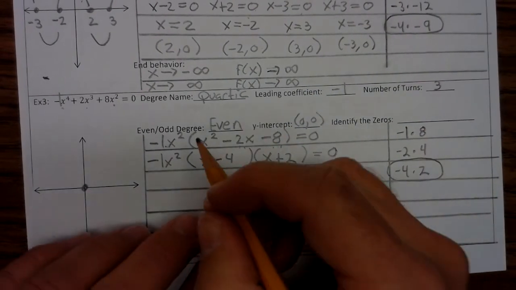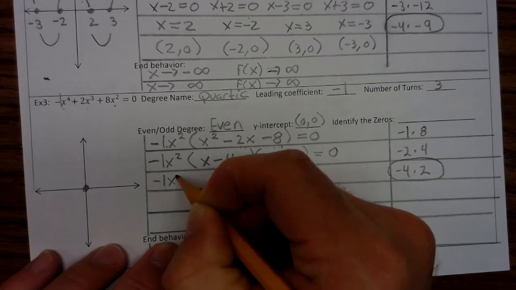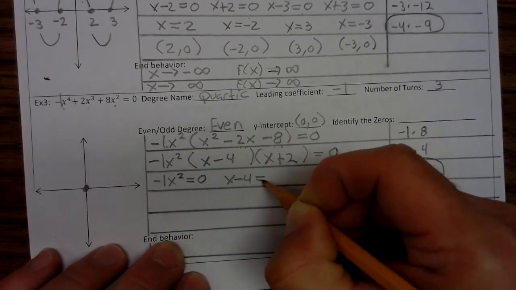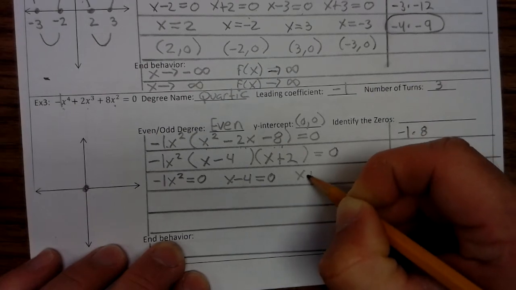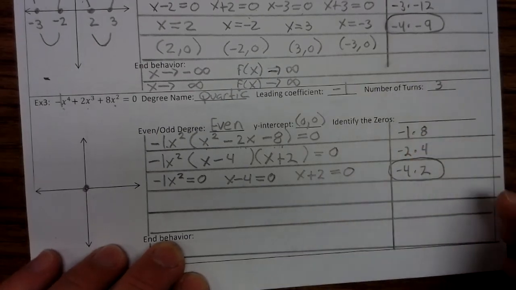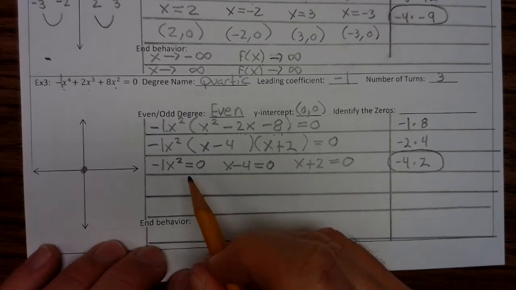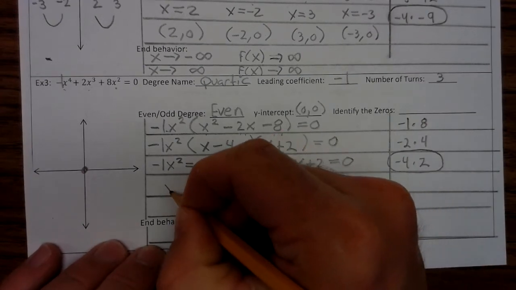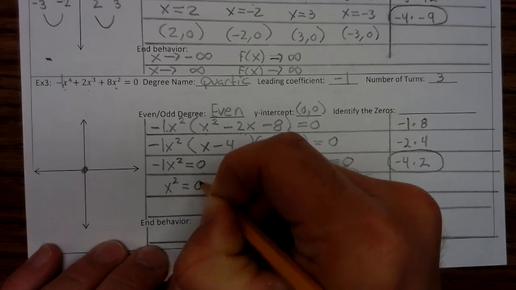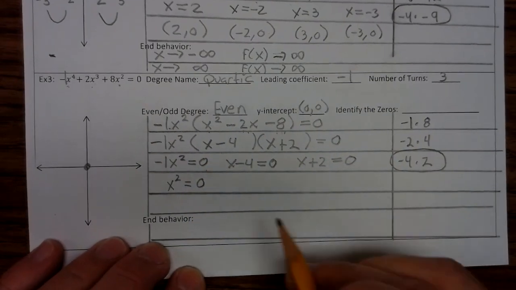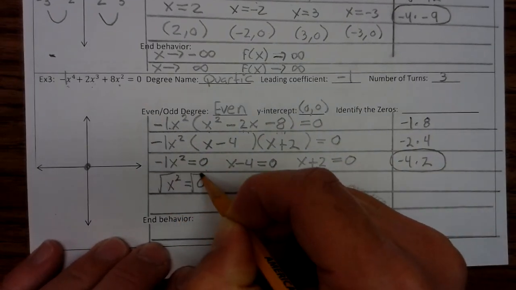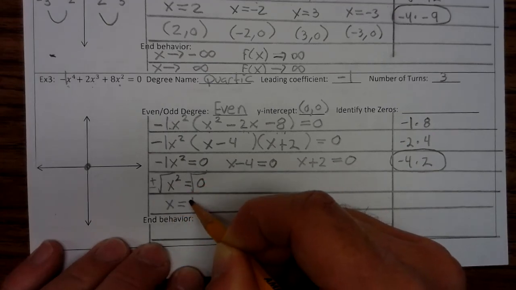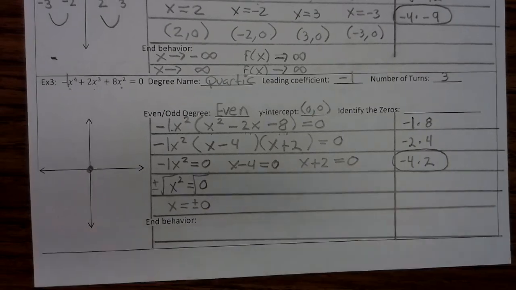Now we set each factor equal to 0. Negative 1x squared equals 0, x minus 4 equals 0, and x plus 2 equals 0. Here we divide both sides by negative 1, so you get x squared equals 0. Then you take the square root of both sides, plus or minus, so you get x equals plus or minus 0.